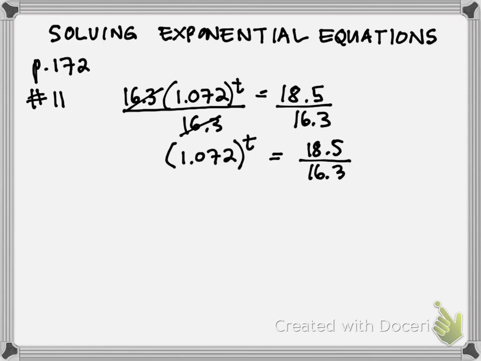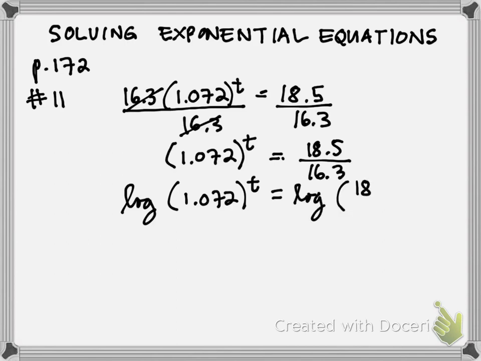Remember that rule? So we're going to take the log of both sides. So we do log of 1.072 to the power t, and then also log of 18.5 over 16.3.